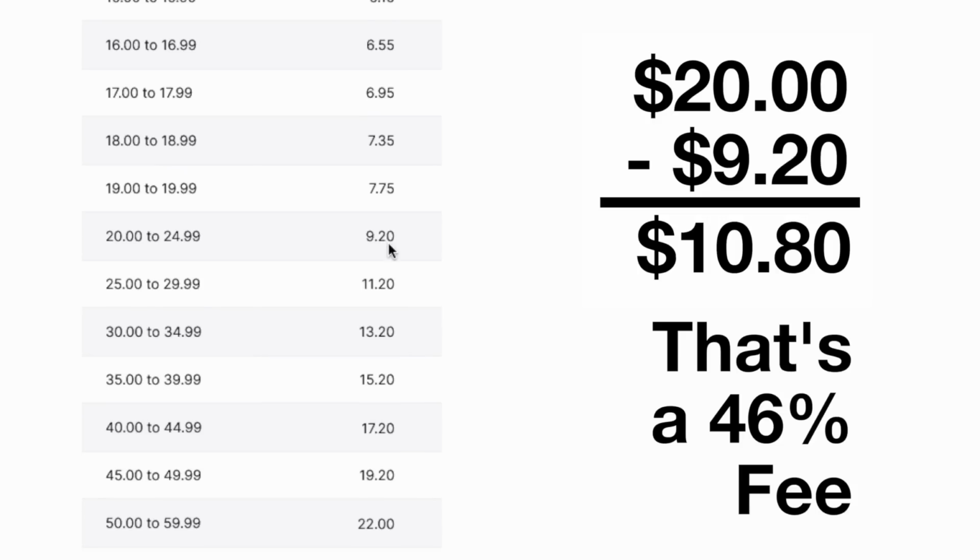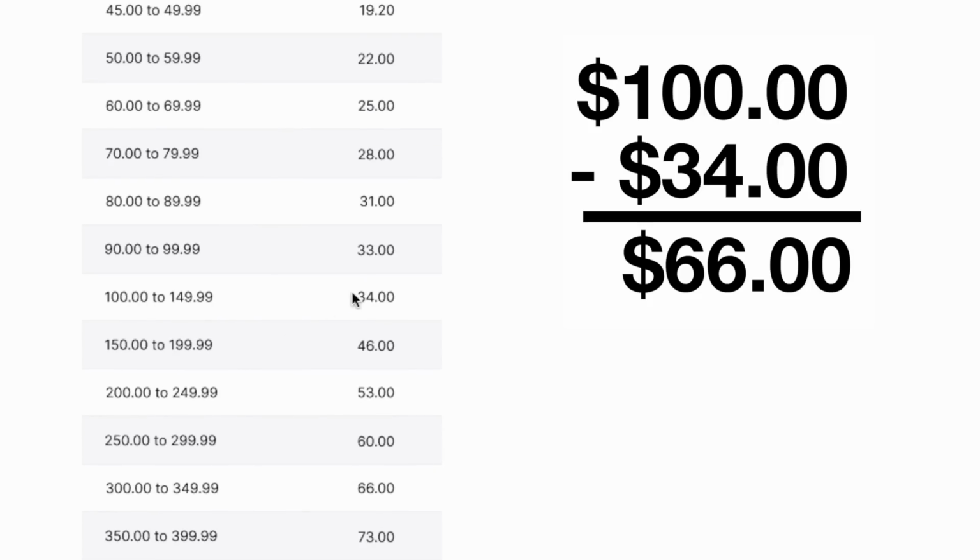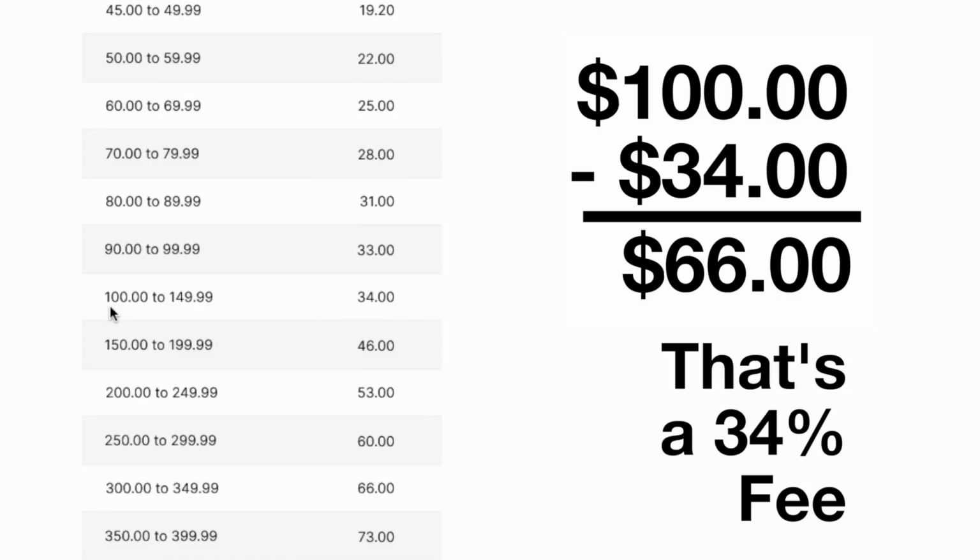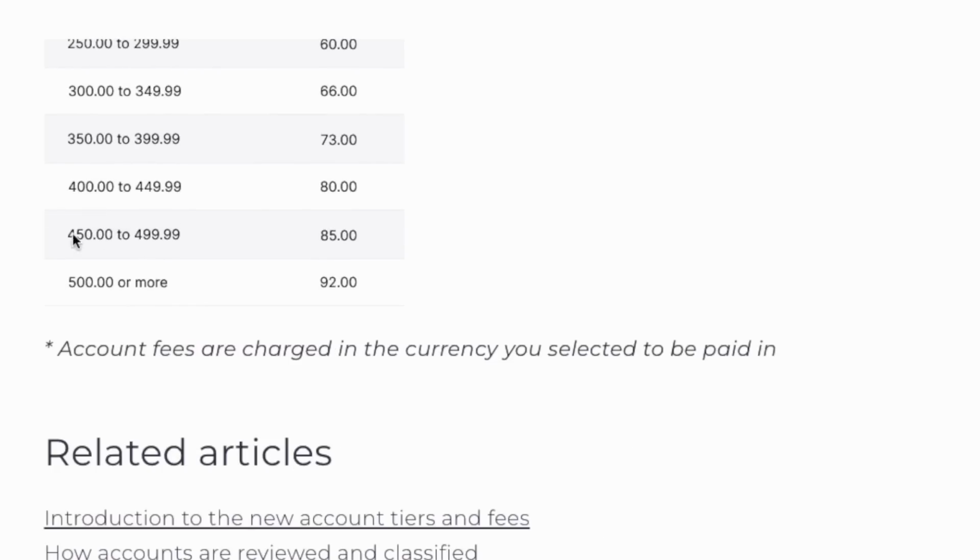tier, right? You can use this as well if you make, let's say you made $100 a month. You come here, they're going to take out $34 that month from the 100. So you don't get the full 100, you get 100 minus the 34, right? And it goes all the way up to 500. I'm imagining standard tiers. If you're making $500 a month, wow.